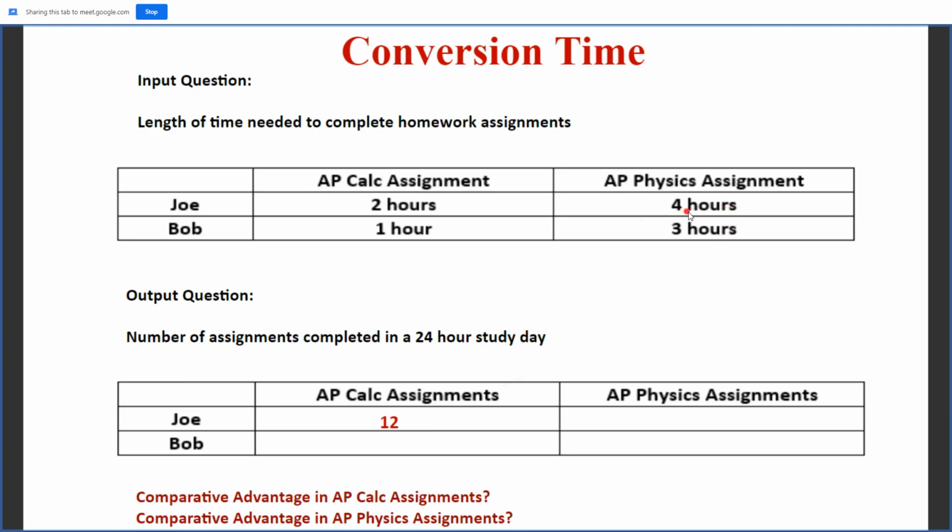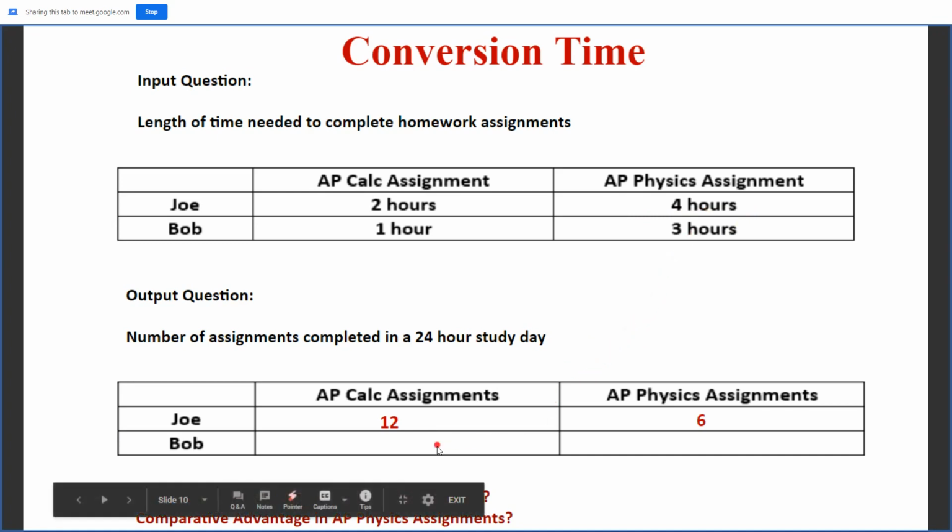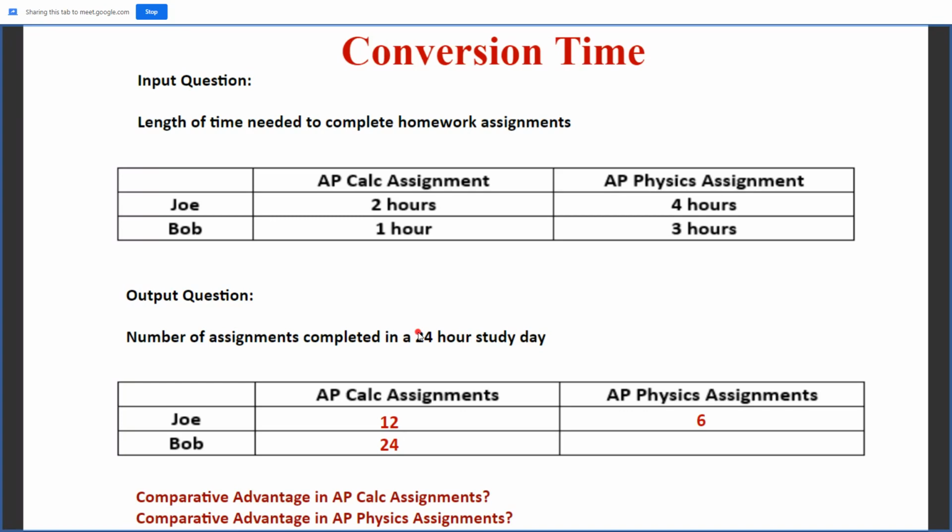And at 4 hours for physics, he can get 6 of those assignments done in 24 hours. Bob, on the other hand, only takes an hour to complete a calc assignment, so in 24 hours he can get 24 assignments done. And in physics, it takes 3 hours to complete an assignment, so he'll have 8 assignments come out of that 24-hour period of time.